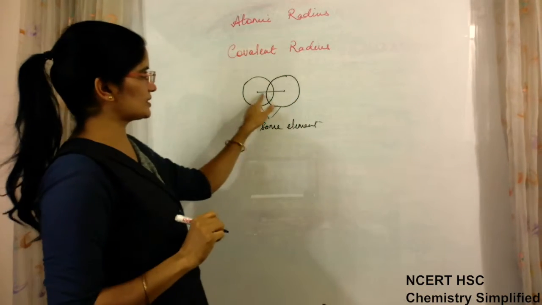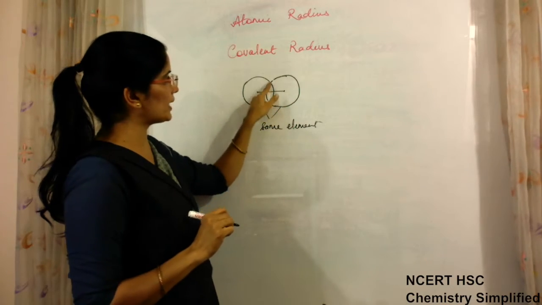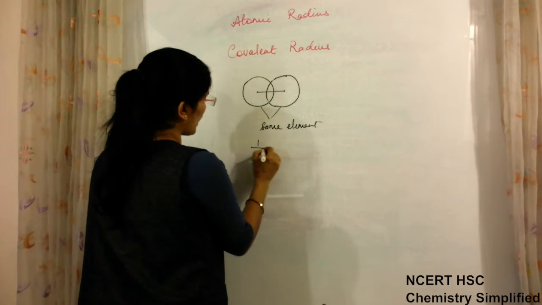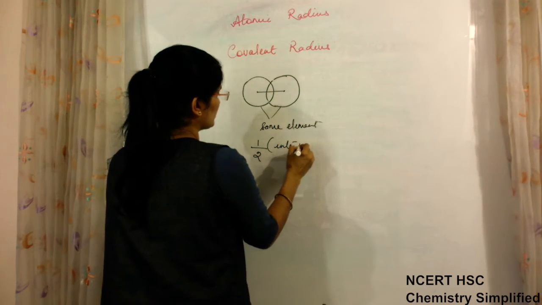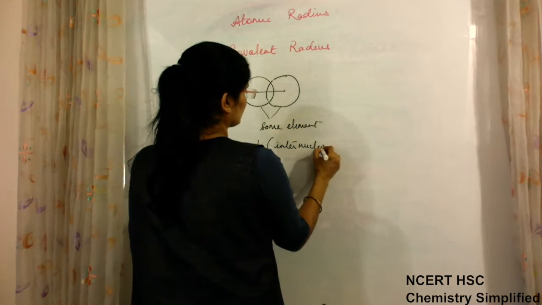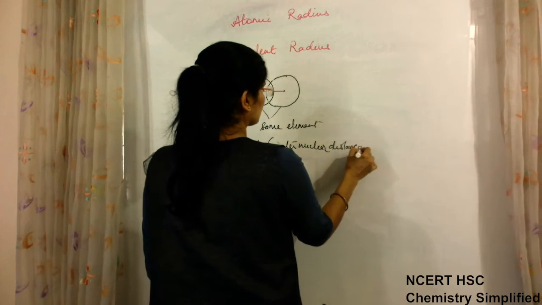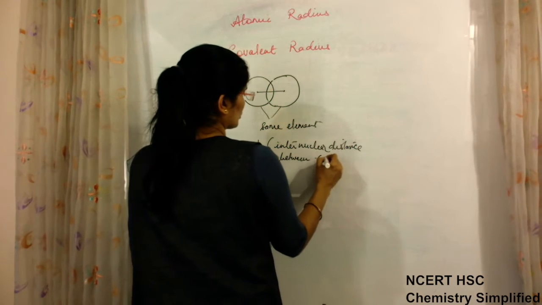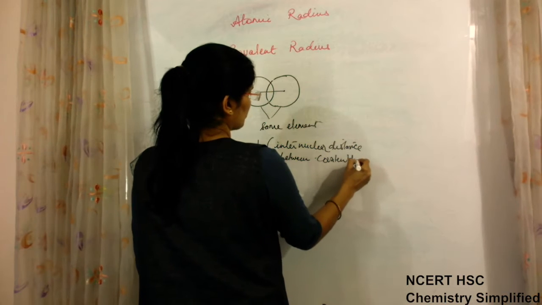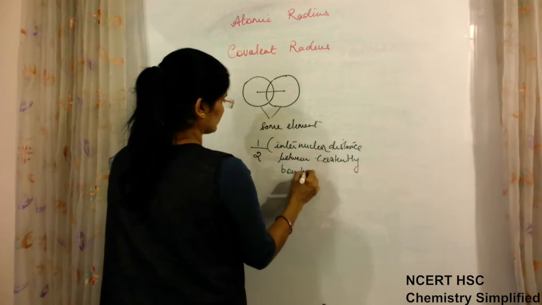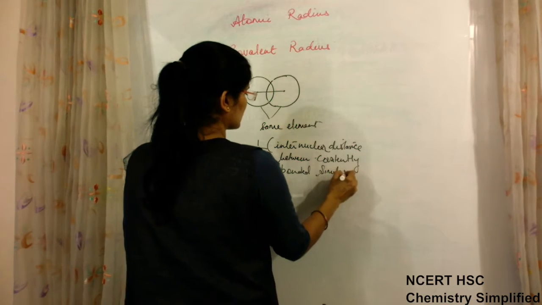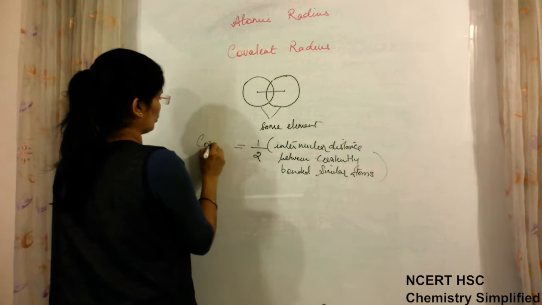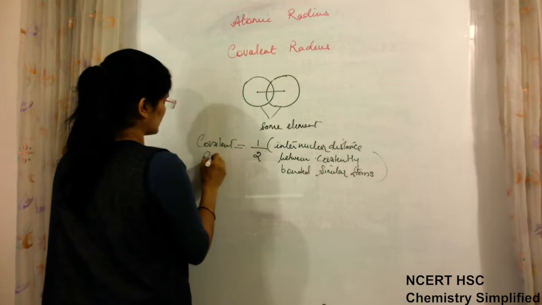This is the distance between the two, because some part is overlapped. Whenever a bond is formed, the atoms are overlapped. So half of the internuclear distance between covalently bonded similar atoms is covalent radius.